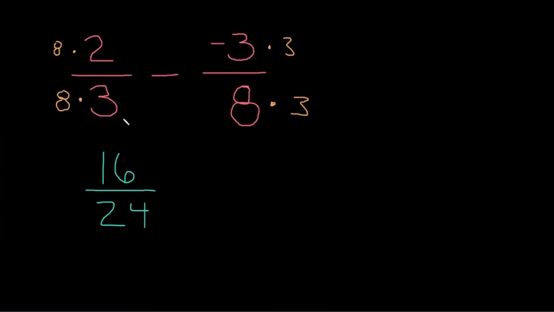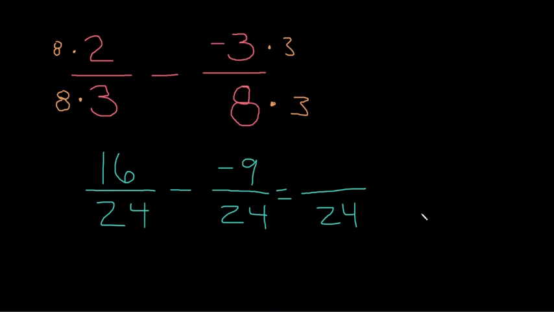I don't see any negative symbols, but here's a negative right here. I'm going to put that there. 3 times 8 is 24. I know our answer is going to have a denominator of 24. And this is 3 times negative 3, which would be negative 9. Let you look at that for a minute.